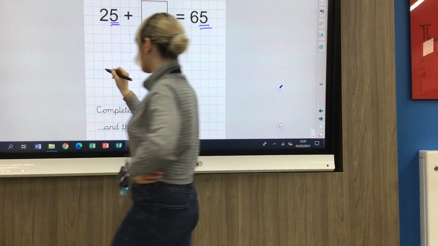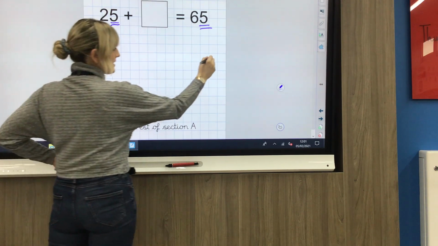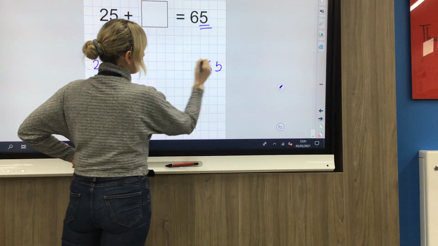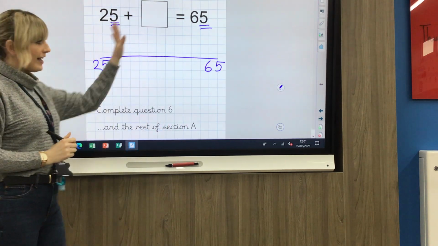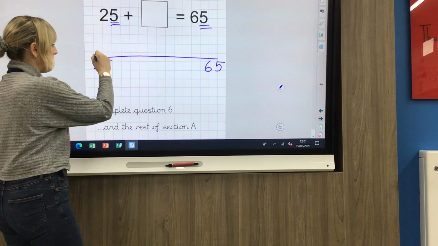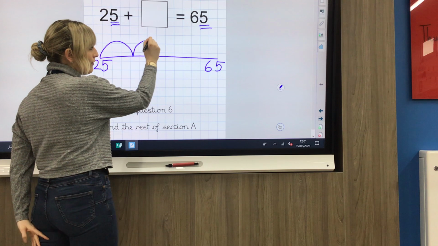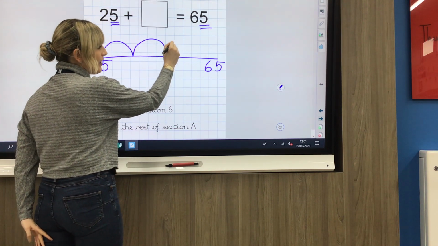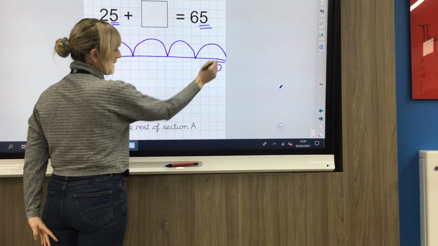So if I've got 25 and I'm getting to 65, I'm going to draw a quick number line. So I've already got 25, I need to get to 65, counting in 10, so 25, 10 more is 35, 45, 55, 65.